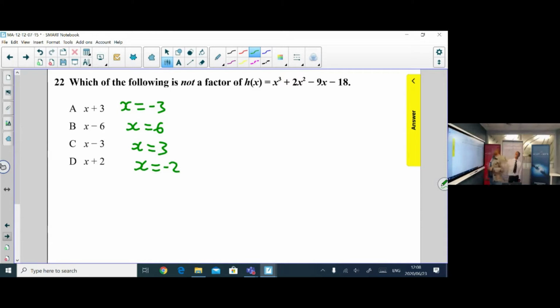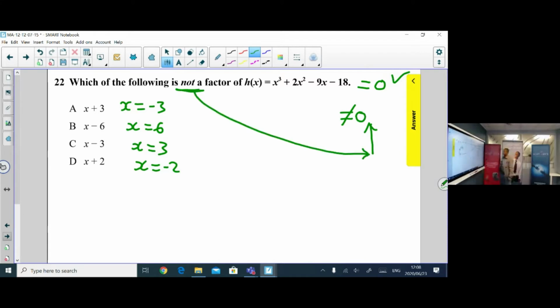Then from there, you substitute all of these into the given expression until you get the one that equals 0. All those will be equal to 0. But if you get something that is not equal to 0, that is the answer that we are looking for, because we are looking for the one that is not a factor.